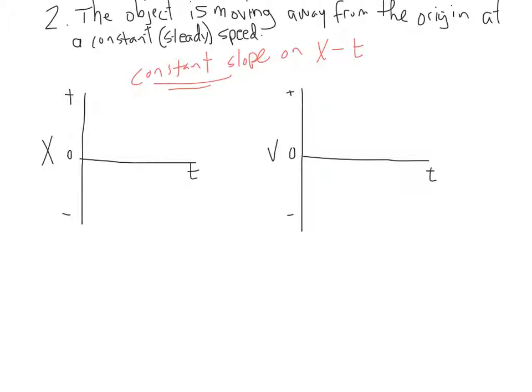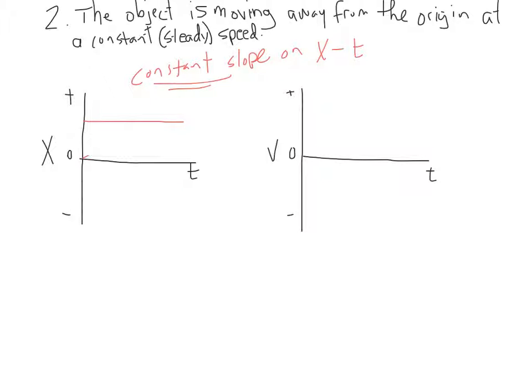Well, this would be a constant slope. Well, it's not letting me erase. Oh, that's too bad. Maybe a little, there we go. So that would be a constant slope.